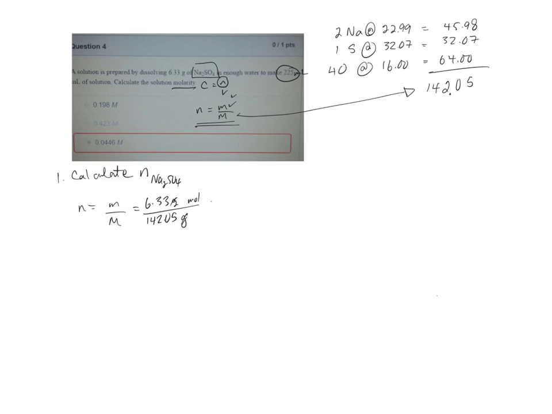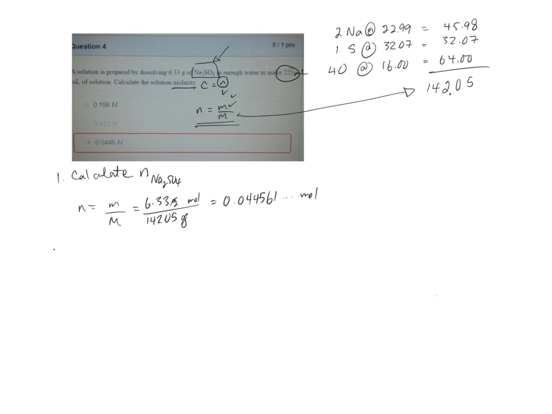Grams cancel out. Okay, divide this. 6.33 divide 142.05. Okay, it comes out to 0.044561, etc. moles. So that's how many moles of sodium sulfate I have.